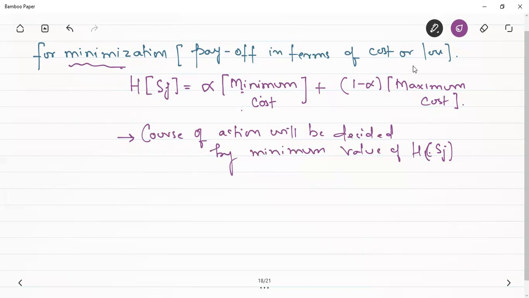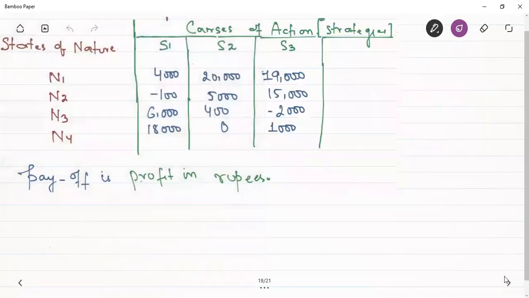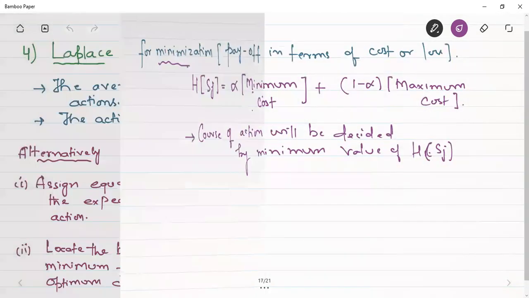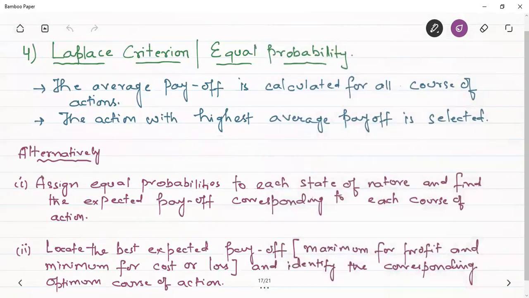Okay, so let's move to the fourth criteria, the Laplace criteria.